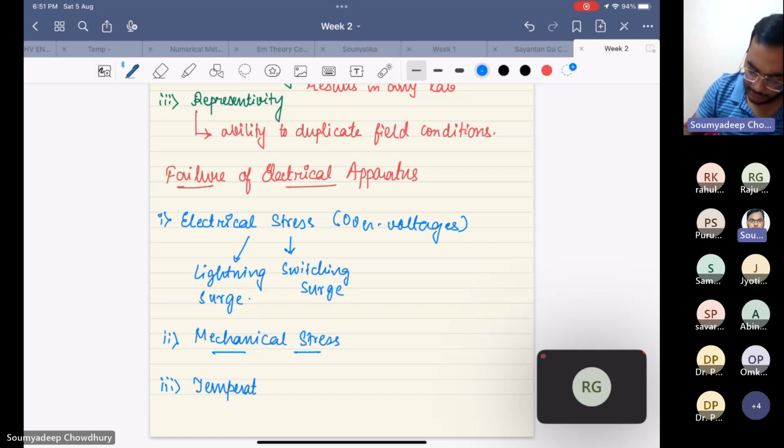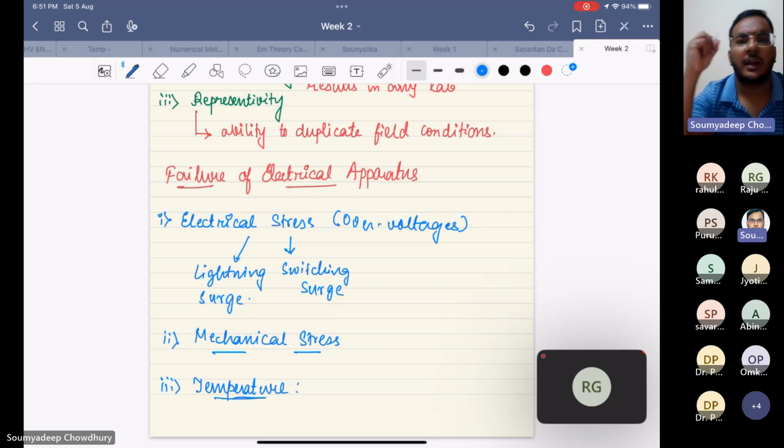So we have the temperature stress, that is under the normal working conditions. Say we manufacture an insulator. During the manufacturing process, we will not know where it is being commissioned. There is a huge temperature difference across our country, across different places.